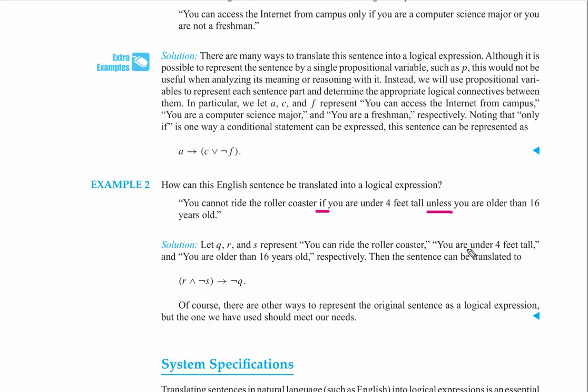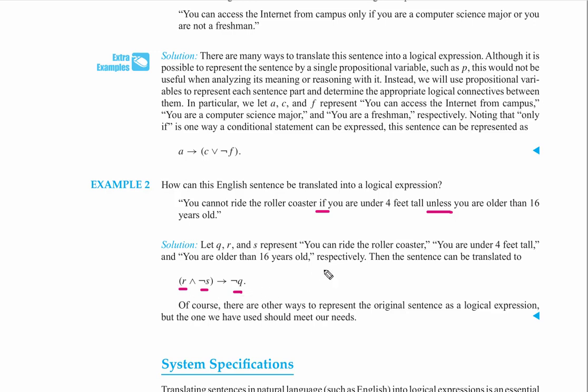Okay, so R is the proposition you're under 4 feet tall. S is the proposition you're older than 16. So if you're under 4 feet tall and you're not older than 16, that implies you cannot ride the roller coaster. Q is riding the roller coaster.